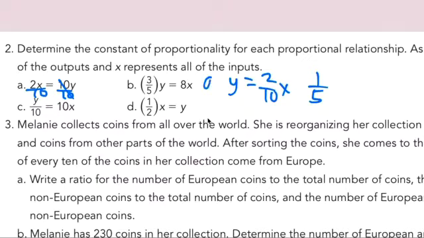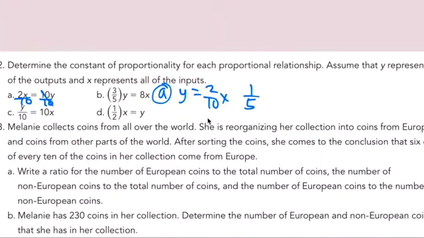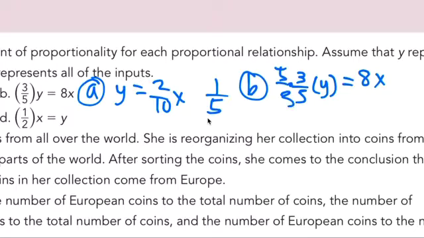That's for A. Please use another piece of paper. B, I should have told the class this. You get 3 over 5 y equals 8x, multiplied by 5 over 3. You get 5 over 3. That's a 3. Cross cancel.